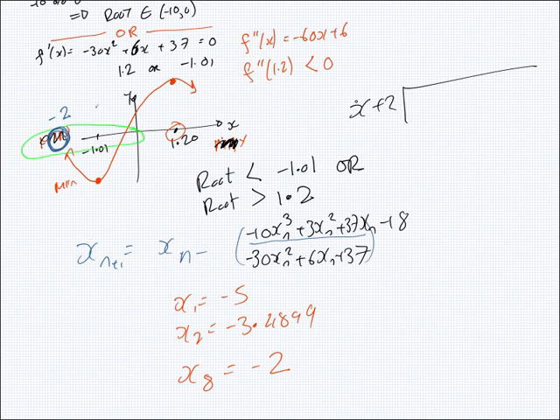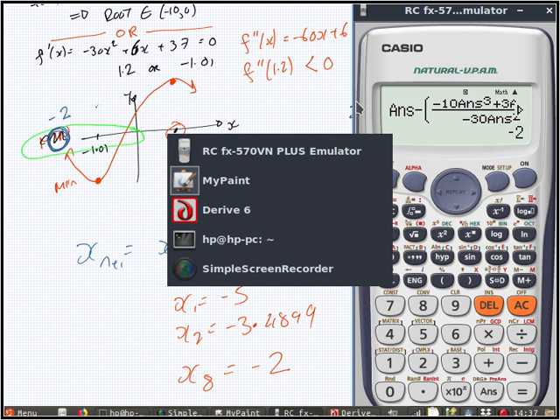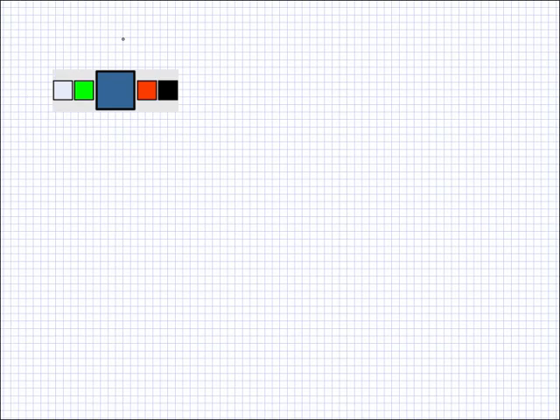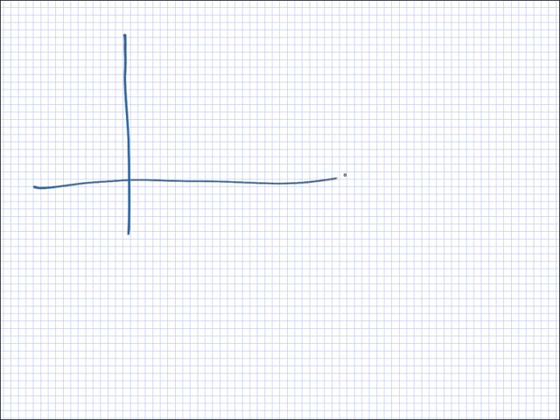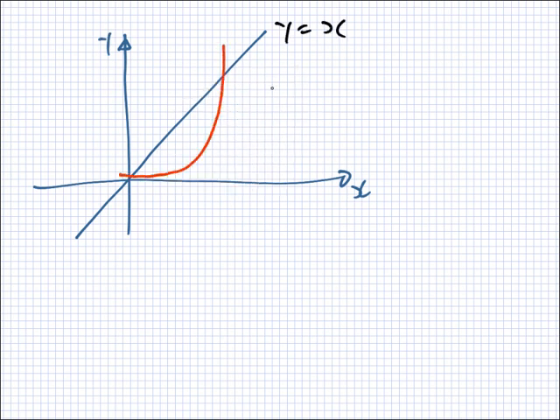Here's one for you to try. You have to think about this. Here is the line y equals x, and here is the curve y equals e to the x.